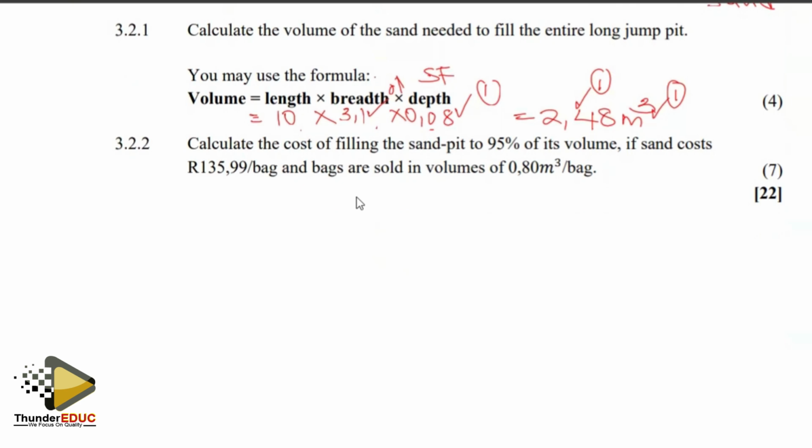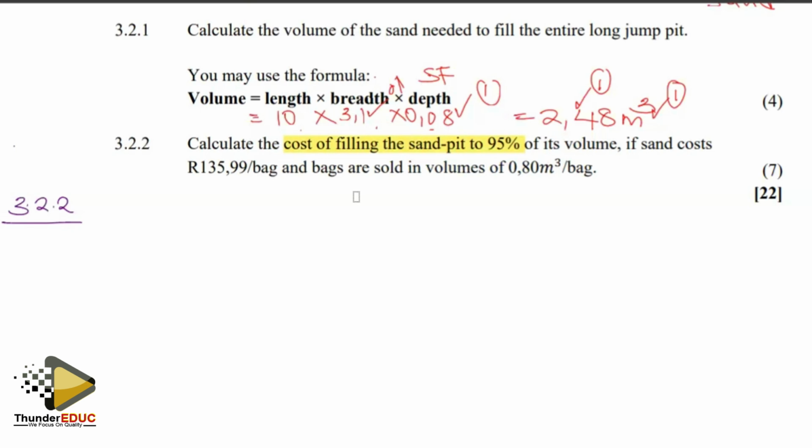3.2.1. I'm looking at question number 3.2.1. What does it want us to do? You ask yourself. It says calculate the cost of filling up the sand pit to 95%. That means not all the volume is going to be covered by sand, but 95% of it is going to be sand.